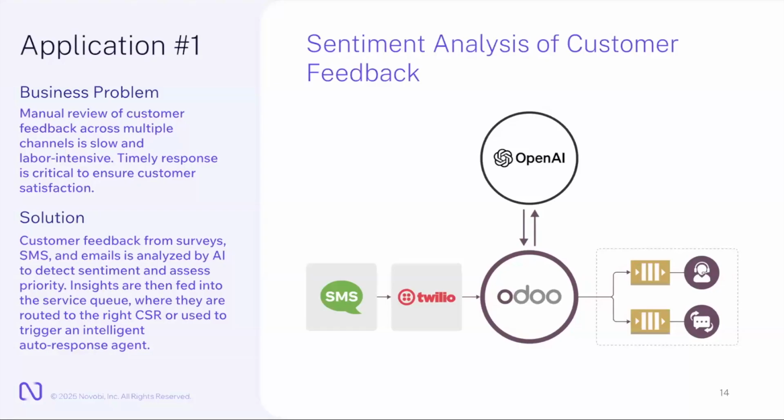We store those messages in Odoo, and we have an integration with OpenAI via API. We give it instructions to do the sentiment analysis and prioritize the incoming requests. After that, AI gives us the criticality and urgency of the request, so that we can route it to the human CSR or to an auto response agent.